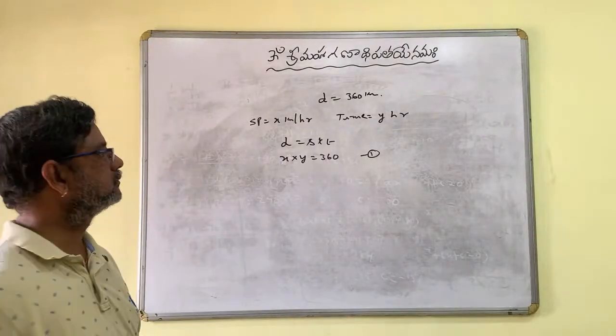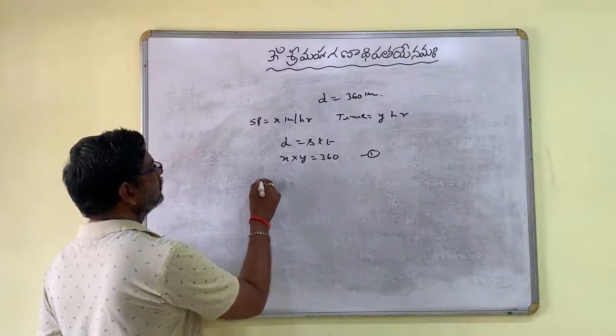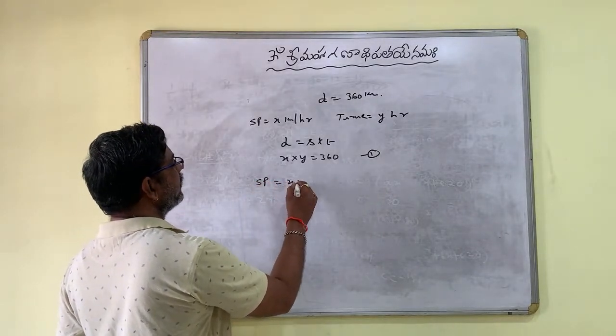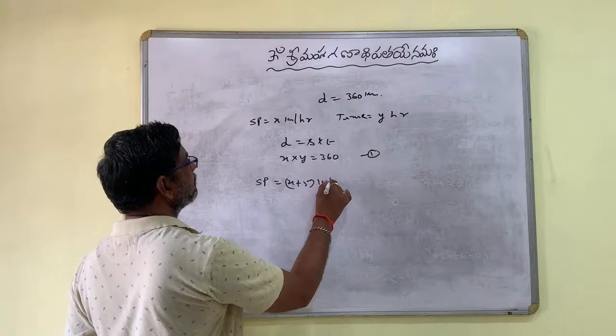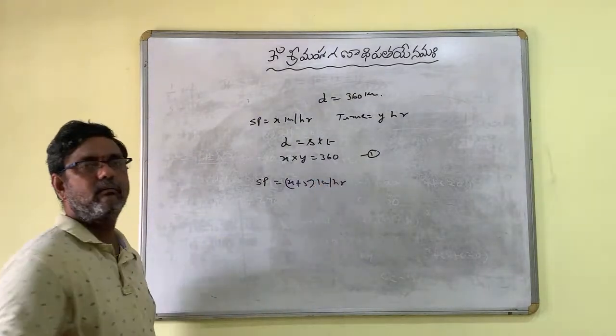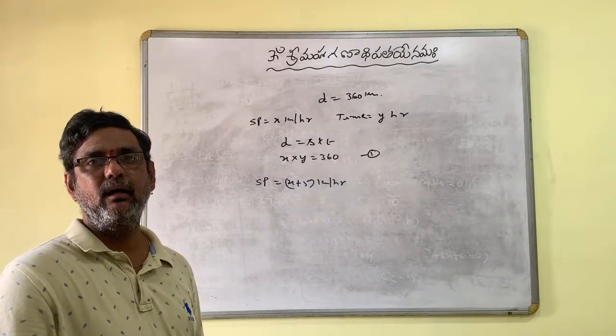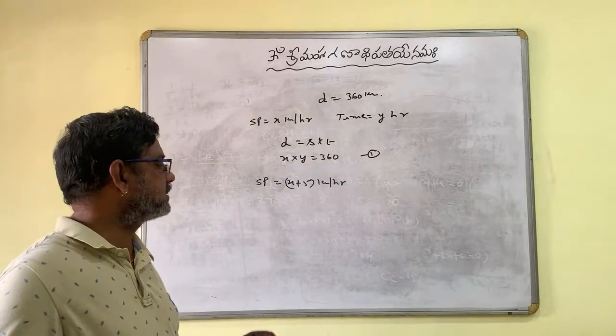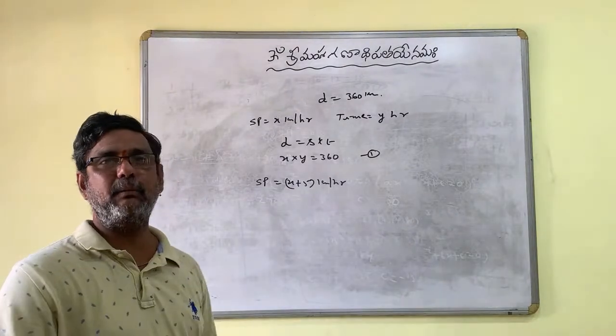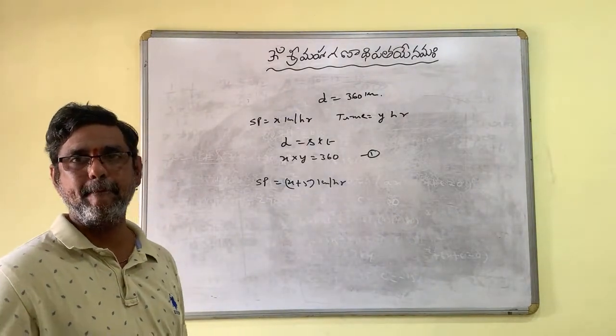Now what happened? Speed is increased by 5 kilometers per hour. That means previously it is x kilometers per hour, now it is increased by 5, so the total speed becomes x plus 5 kilometers per hour.